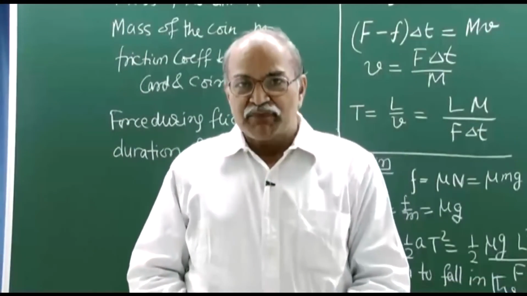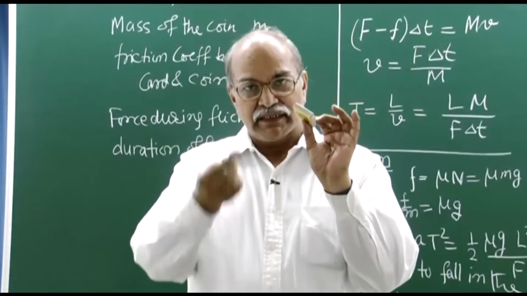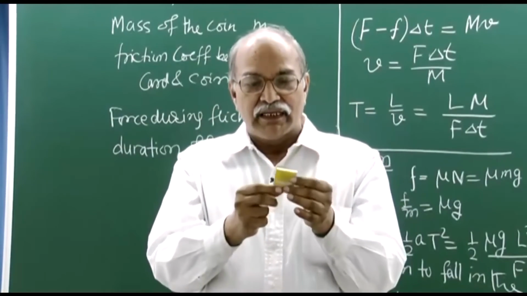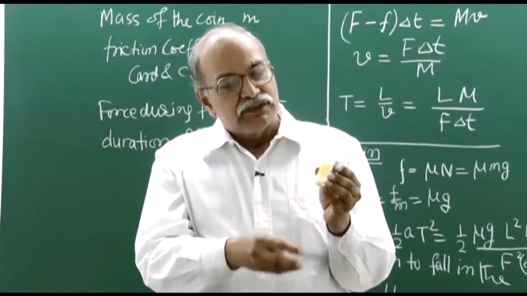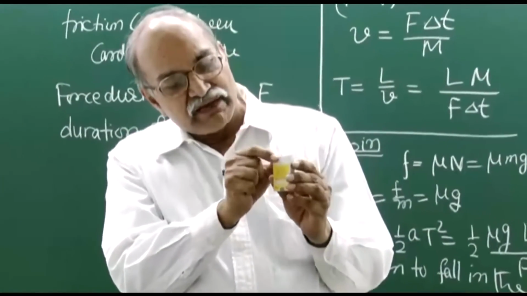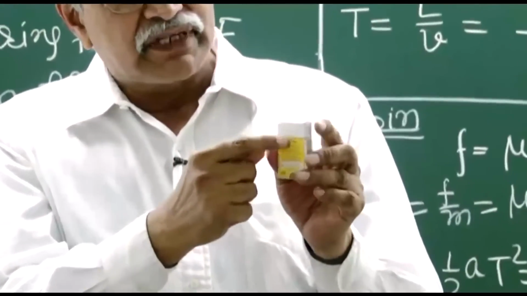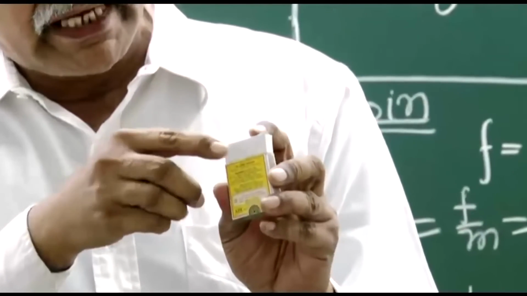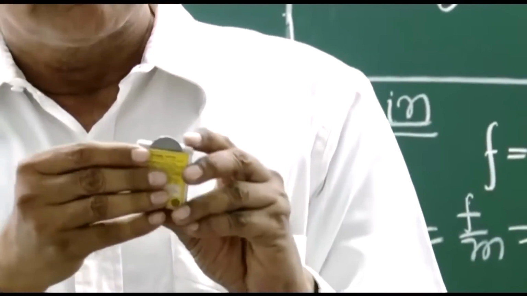Now, a similar experiment you can do with this matchbox and a coin. I will show you the experiment and you will do the explanation part. So, in this matchbox we have this drawer in which all these sticks are there, and this cover. Between this drawer and this cover we can put this coin.